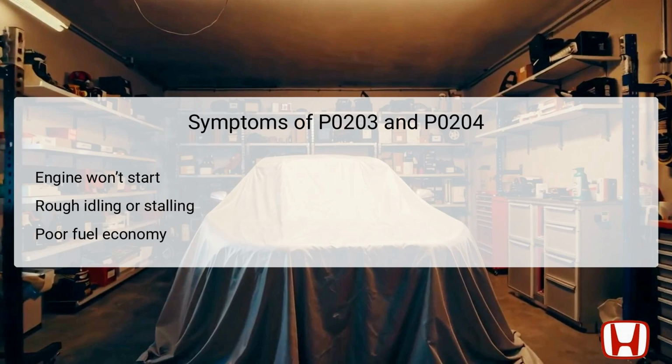Rough idling or stalling may also occur, as inadequate fuel can lead to misfires, causing erratic engine behavior. Additionally, drivers might notice poor fuel economy due to inefficient combustion resulting from malfunctioning injectors. Monitoring these symptoms closely can aid in diagnosing the underlying issue with the injector circuits and begin appropriate troubleshooting.